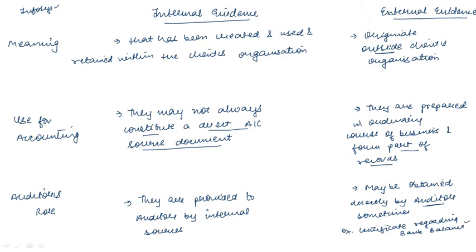So if the auditor is giving a certificate, then the auditor is not within the organization. The auditor is not the internal source. The auditor is an external source. Got it? Right? So just like that, there are various kinds of confirmations which are required from the auditor. That can be related to the confirmation regarding bank balance, or confirmation of balances of debtors, creditors, borrowings.